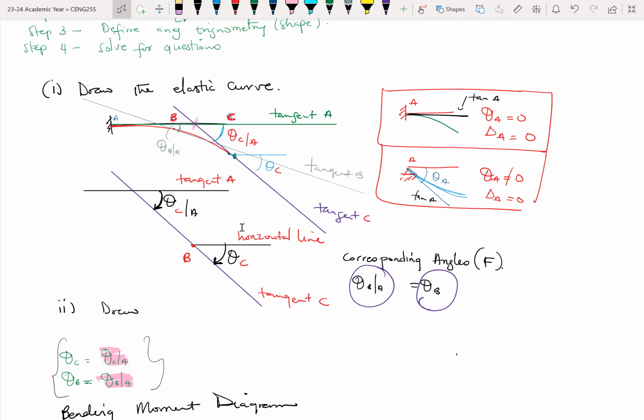For this question, we are looking at theta B and theta C. So because we are looking at theta B and theta C, we need to draw tangents passing through the points B and C on the elastic curve. So that's how come I did that.